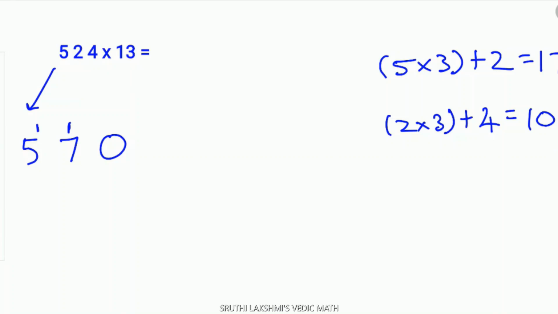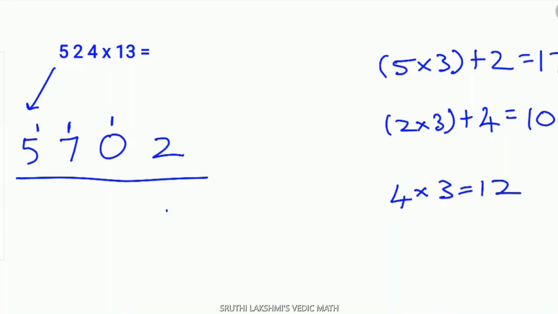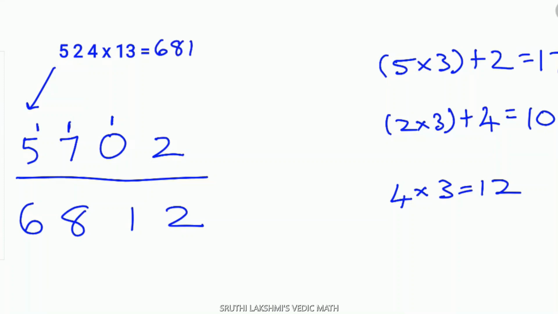Since there are no more digits to add, we just do 4 times 3. 4 times 3 is 12. So carry the 1 and write down the 2. Next, add the digits up. 2, 1 plus 0, 1, 7 plus 1, 8, and 5 plus 1, which is 6. So 524 times 13 is 6812.